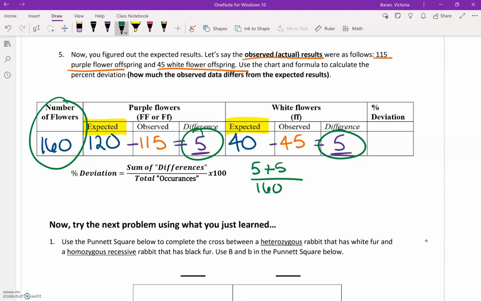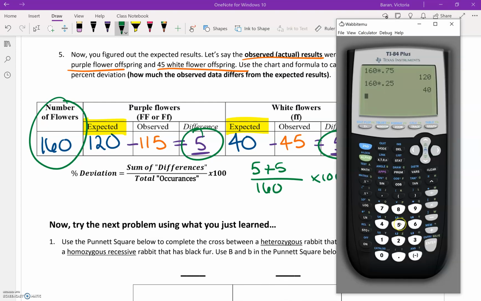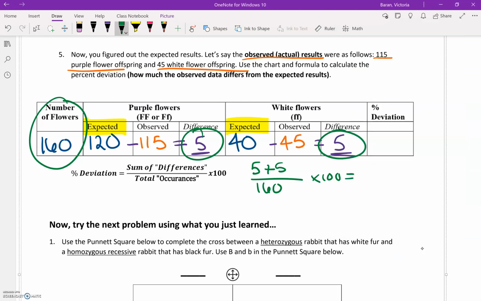So that's 160. And then we want to get that into a percentage, so we're going to multiply that by 100. So we're going to do 5 plus 5, which is 10, divided by 160. And then I'm going to multiply that by 100. So we get 6.25. So 6.25 would be my percent deviation. That would be the final answer, the main thing that I'm looking for.